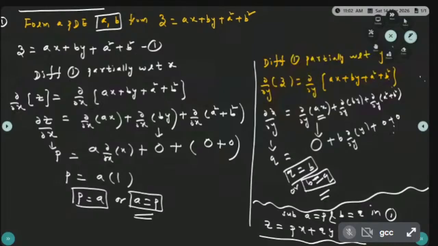Can you please identify what I have written? Differentiate one partially with respect to y. That is x. This is y. By symbol.